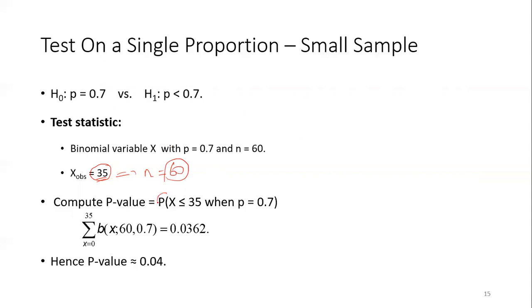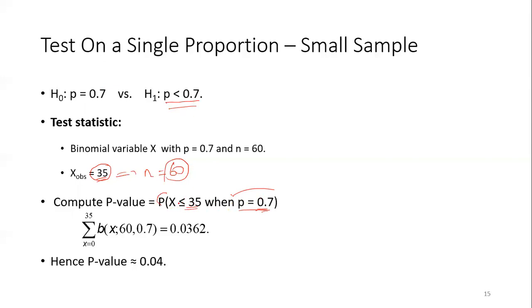The p-value is the probability that there are at most 35 houses when p is equal to 0.7, assuming H0 is true. Why this direction? Because the alternative is p less than 0.7.